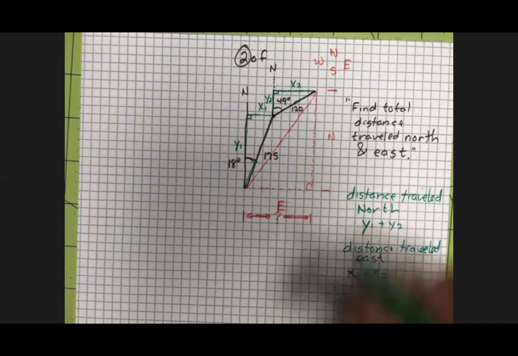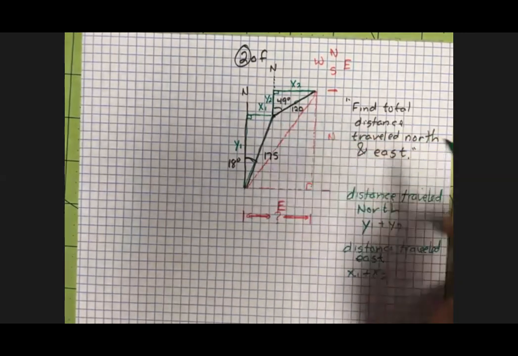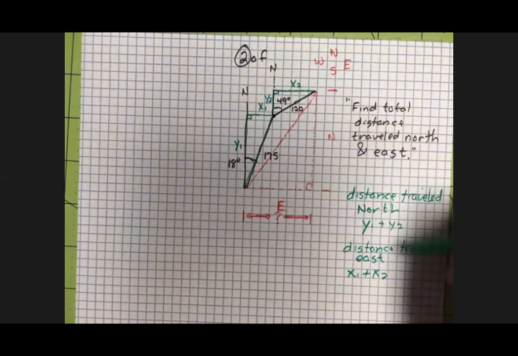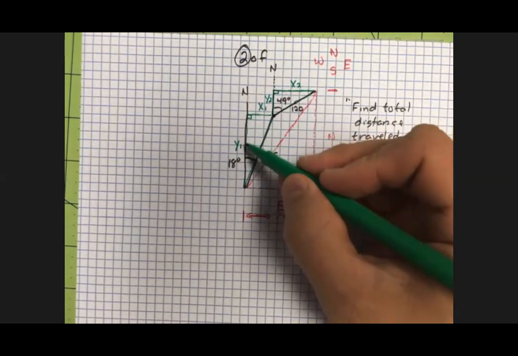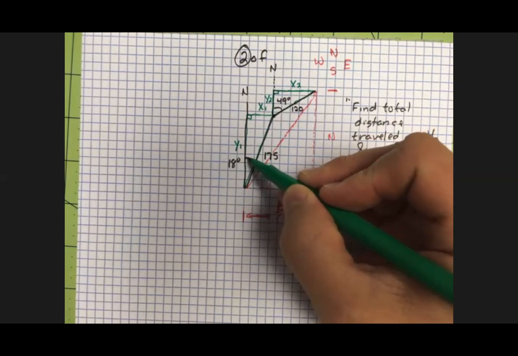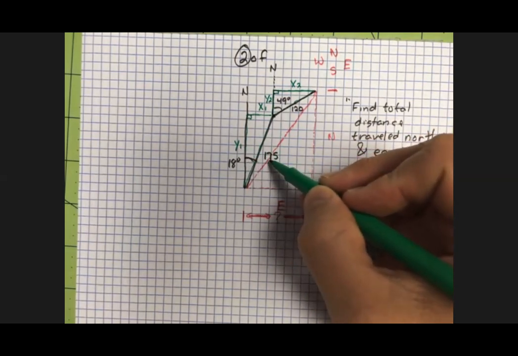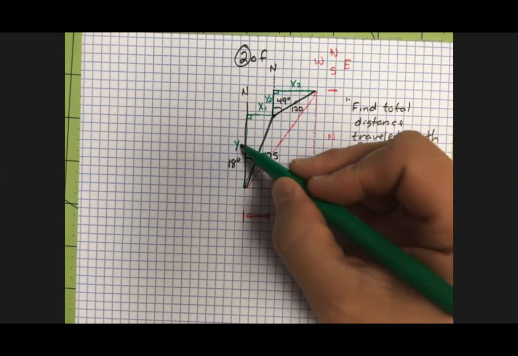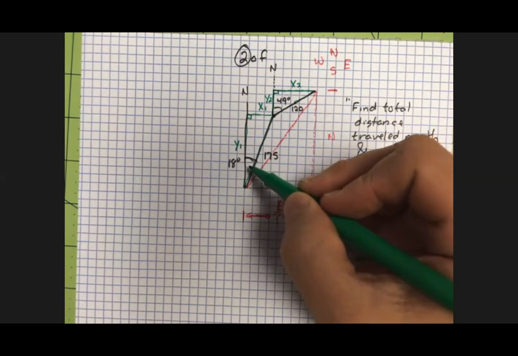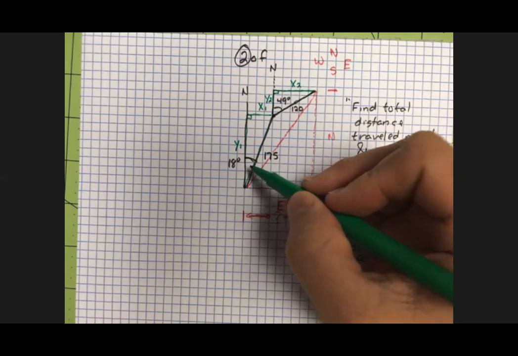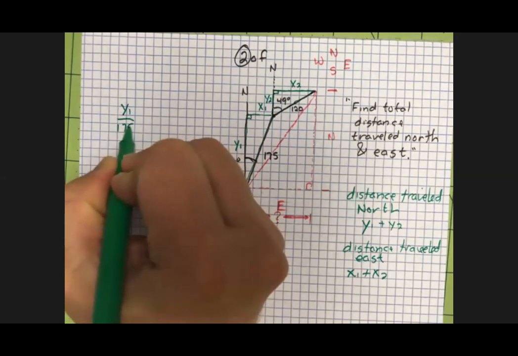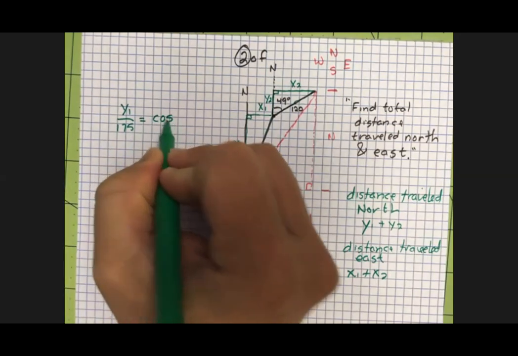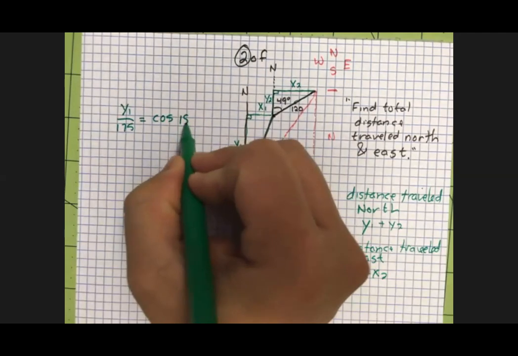Now I use the trigonometry. I wrote them in this order, so let's look at them in this order, y1 and y2. y1 is the long side of this triangle with angle 18. y1 is the adjacent side to 18, and 175 is the hypotenuse. Adjacent to hypotenuse is the cosine of the angle between them. So I can write y1 divided by 175 is cosine of 18 degrees.